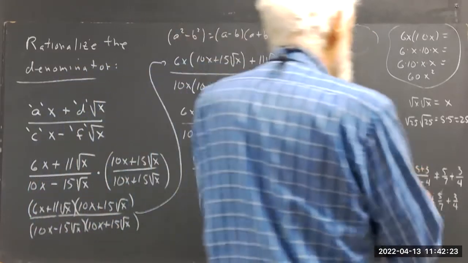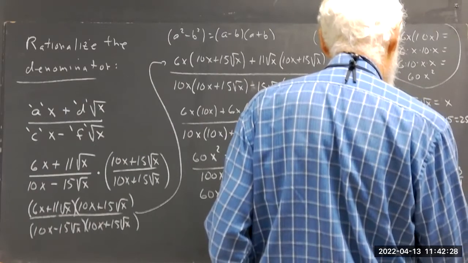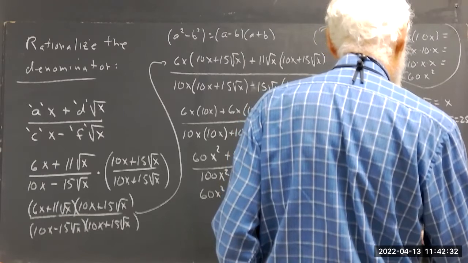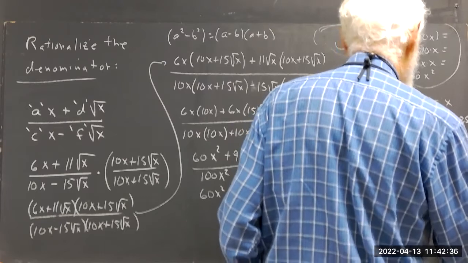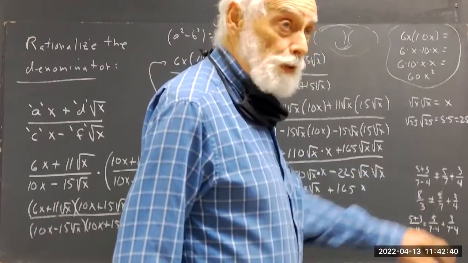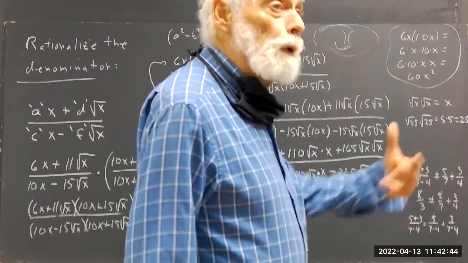Now, this is equal to 5 over 7 minus 4 plus 3 over 7 minus 4, because dividing by 7 minus 4 is multiplying by the reciprocal.